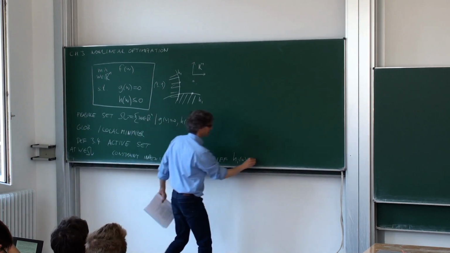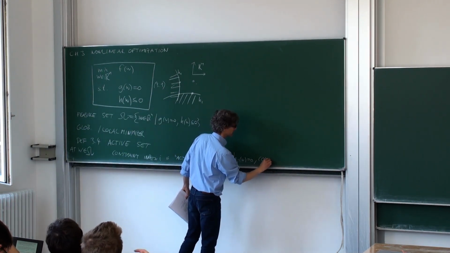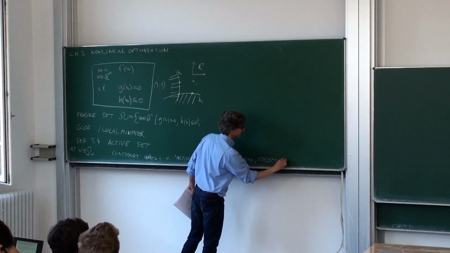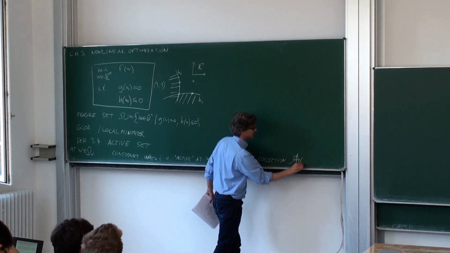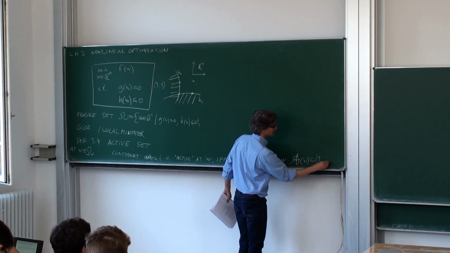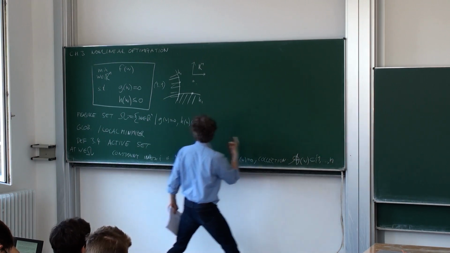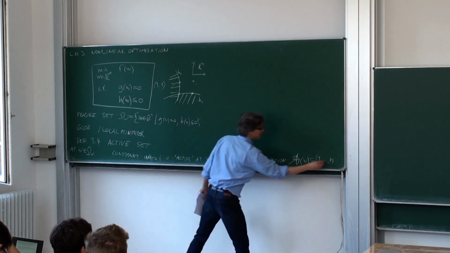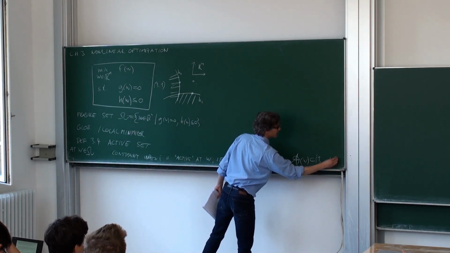And the collection of all active indices at some point w is called A of w. And it's of course a subset of all the possible indices, and I give n_h as the number of inequalities here.